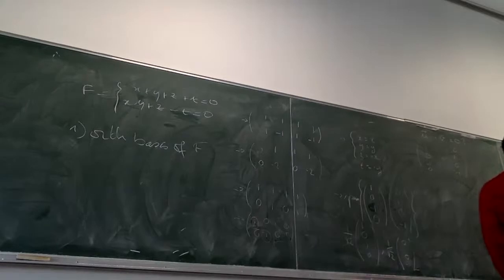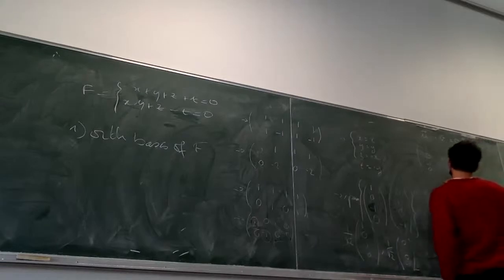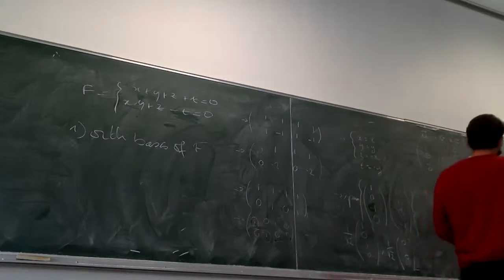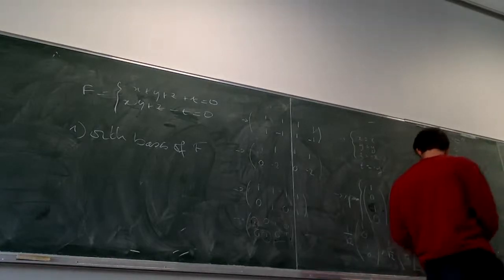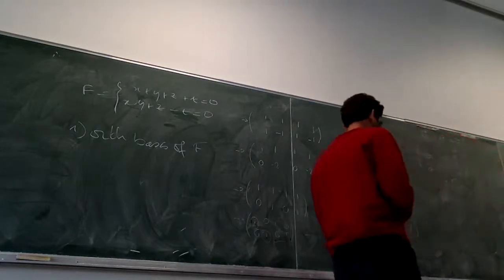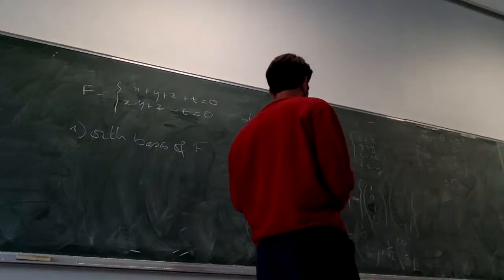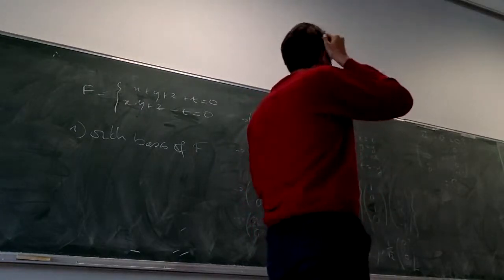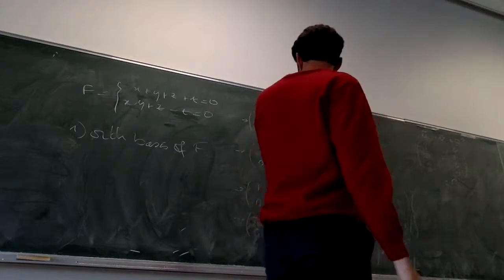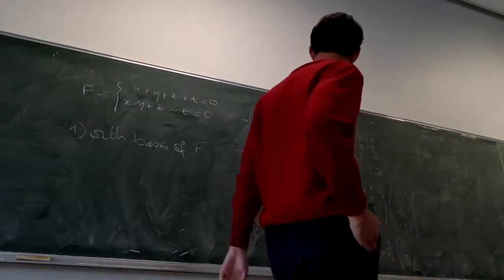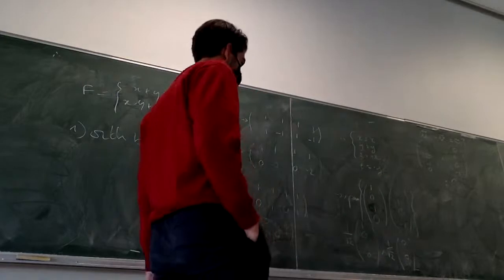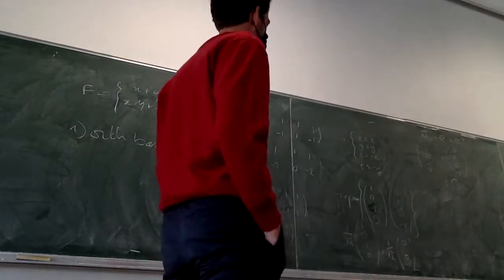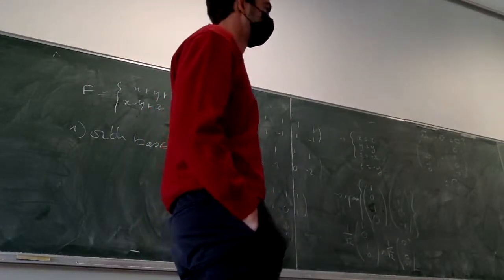Okay, in our case it works. We have naturally some orthogonal vectors, and we have already normalized them, so we have an orthonormal basis. If we didn't have orthogonal vectors, we would need to apply the Gram-Schmidt process in order to orthogonalize the basis, right?